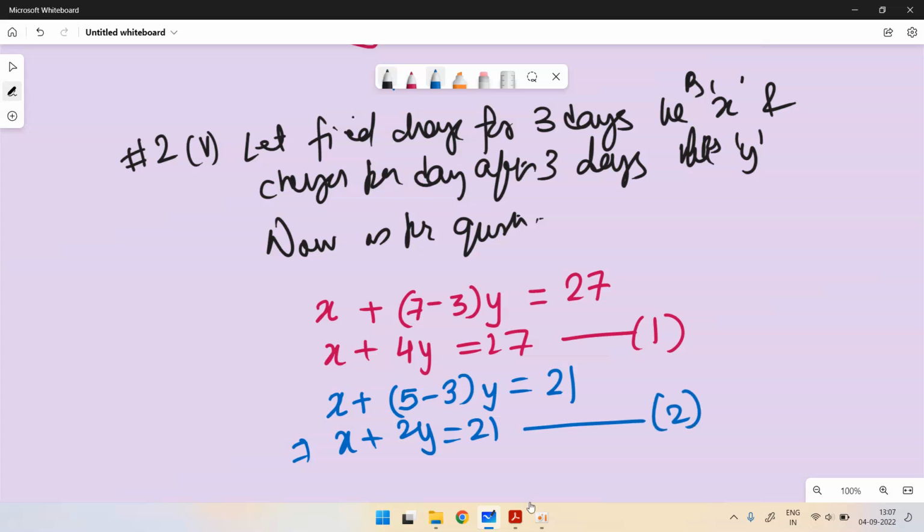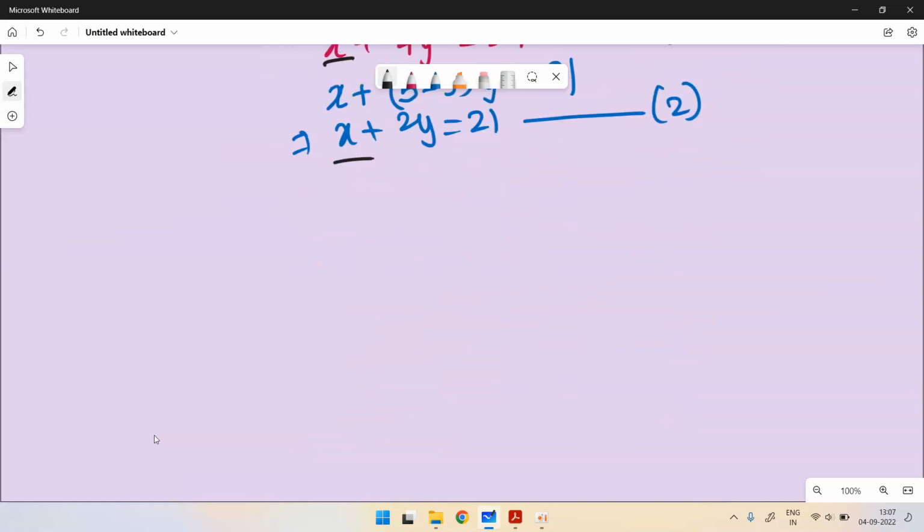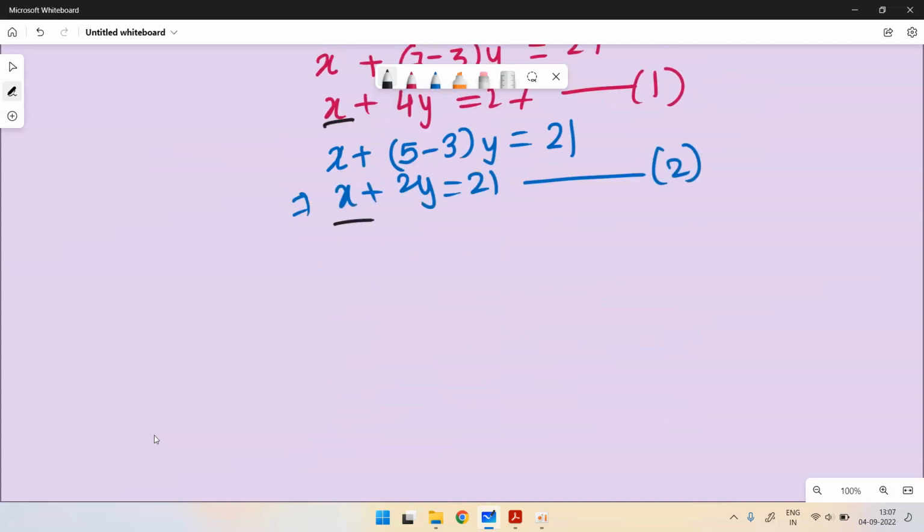Now you see the coefficient of X here and here is the same. So if you directly subtract equation 2 from equation 1, you get X plus 4y equal to 27 and X plus 2y equal to 21.